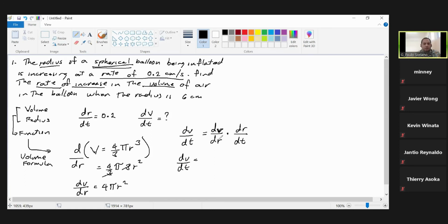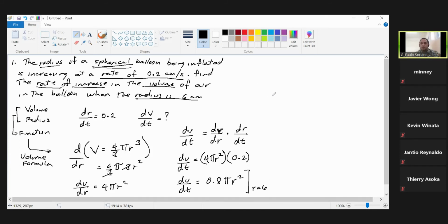It's equal to dV/dr, that's 4 pi r squared, multiplied by dr/dt, 0.2. So dV per dt is 0.8 pi r squared. And we need to evaluate this when the radius is 6, r equals 6.